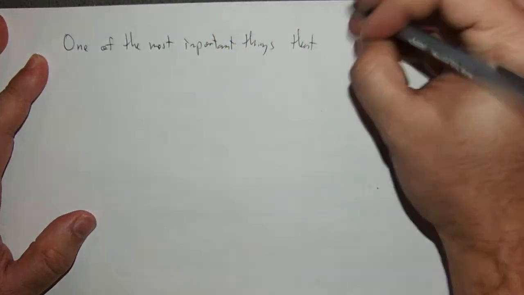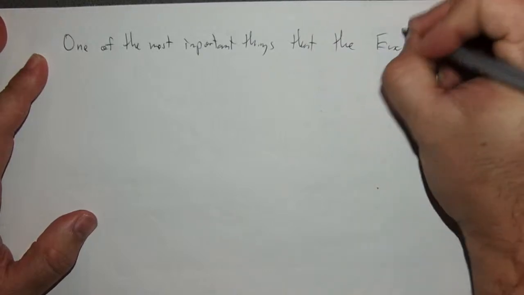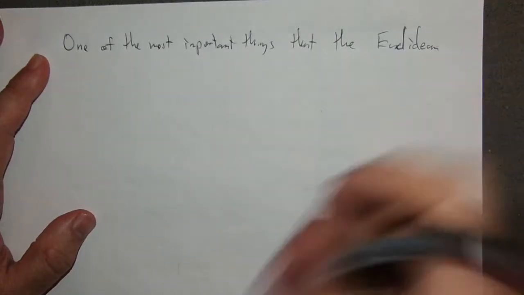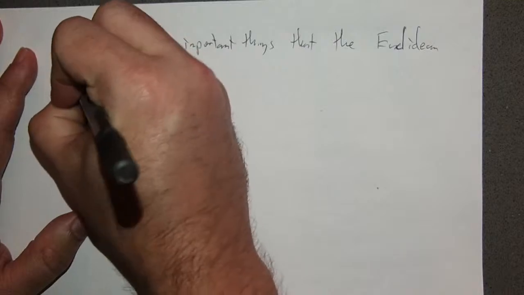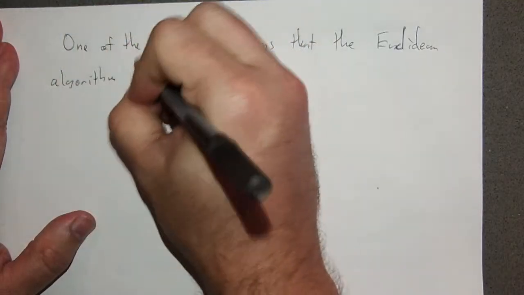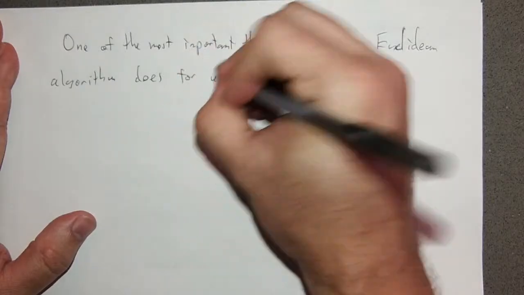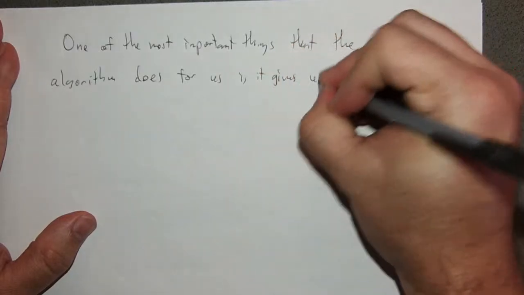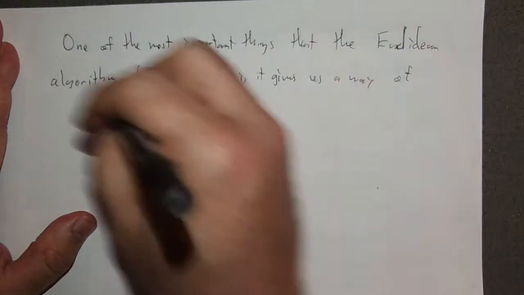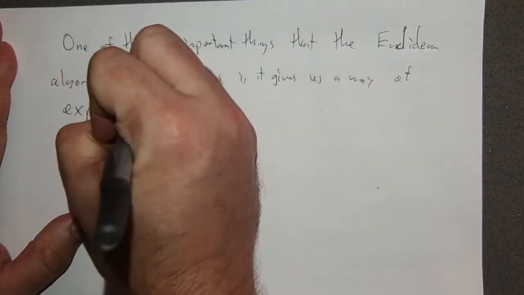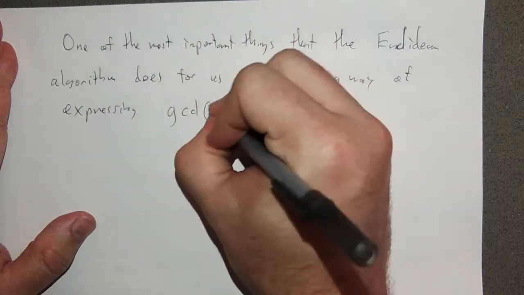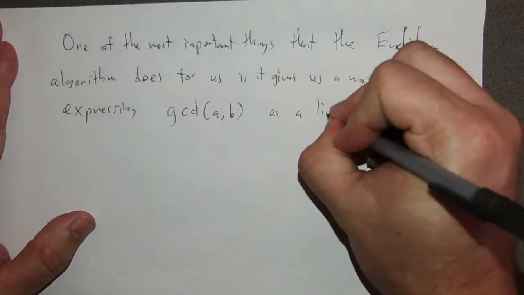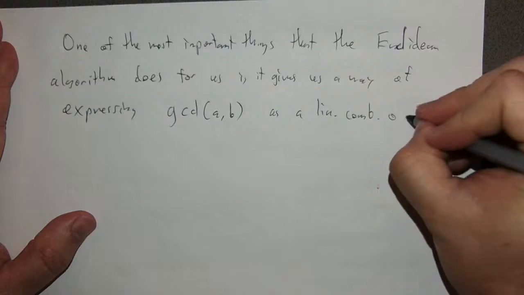One of the most important things that the Euclidean algorithm does for us is it gives us a way of expressing the GCD of two numbers a and b as a linear combination of a and b.